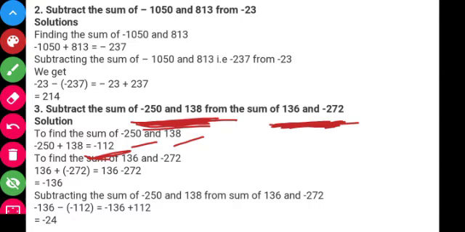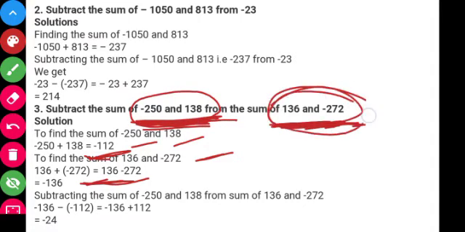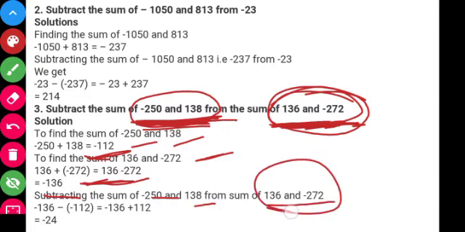Okay. And now the sum of 136 and minus 272. That will be equal to minus 136. Okay. So it is given subtract the sum of this from this. So we have to subtract minus 112 from minus 136.